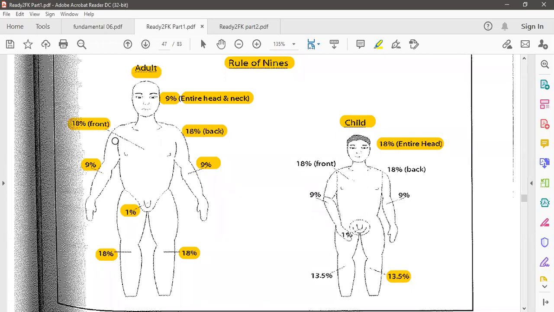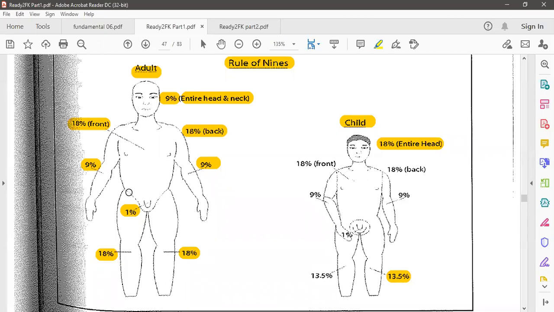Upper extremities, upper left arm, 9%. Upper right arm, 9%. The perineum is 1%. The left lower extremity, 18%. The right lower extremity, 18%.